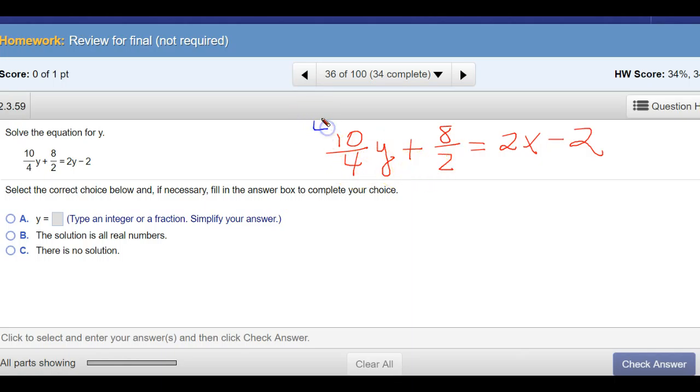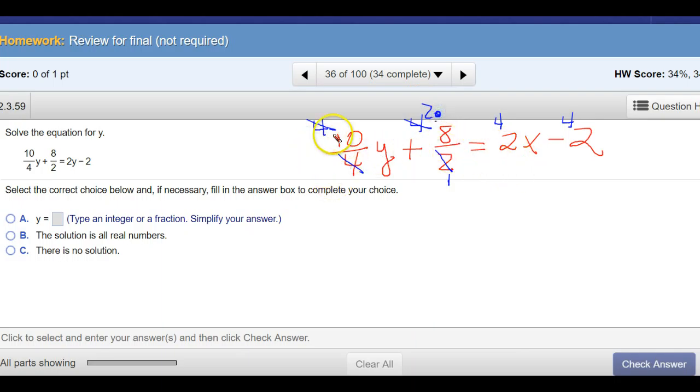So we have to multiply each term by 4 to get rid of all our fractions. See, what we're doing is making this equation larger by multiplying everything by 4. But in so doing, our equivalent equation does not have fractions. So this cancels out completely. This cancels, but we end up with a 2 there that we have to take care of.